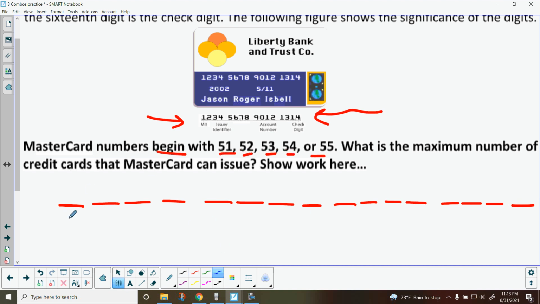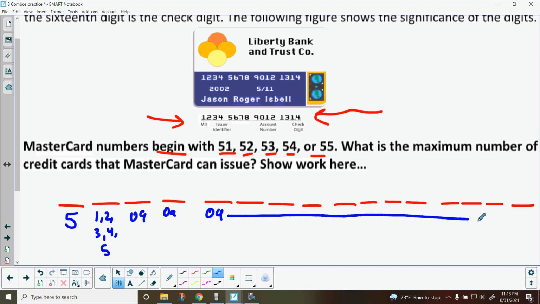The next number can be 1, 2, 3, 4, or 5. Then the rest can be 0 through 9. I don't want to write 0 through 9 all the way, so I'll just draw 9. So, 5 is one number. 1, 2, 3, 4, 5 numbers. Then the rest are going to be 10, 0 through 9.